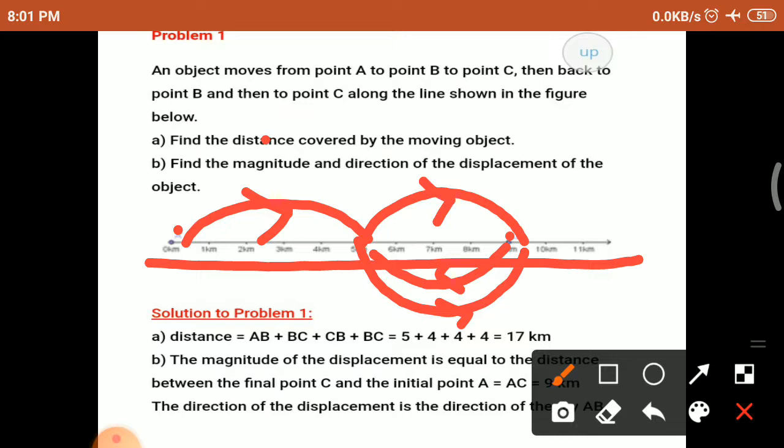Second, find the magnitude and direction of the displacement of the object.